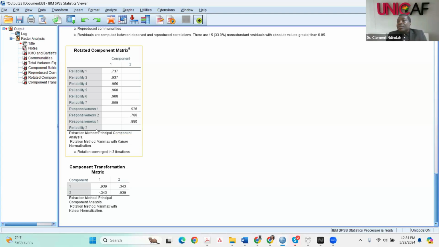Maybe it's a question that we asked in our instrument that is not suitable for measuring the construct that we are measuring. So maybe after our pilot study, when we've realized this, we'll just eliminate that particular question because it's not a good fit for the construct that we want to measure. And we include only those questions that properly capture the construct which we are measuring.